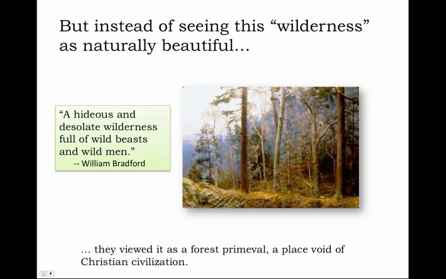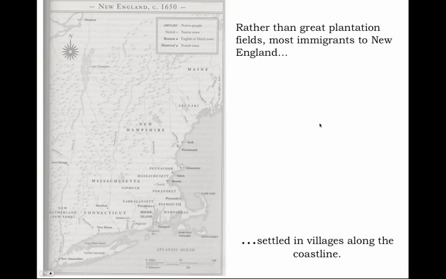Because if they were going to bring God's light, that is the Christian gospel, to a dark heathenish land, they would have to stick together and maintain their covenants every step of the way. And they would establish, by and large, rather than great plantation fields, small villages.